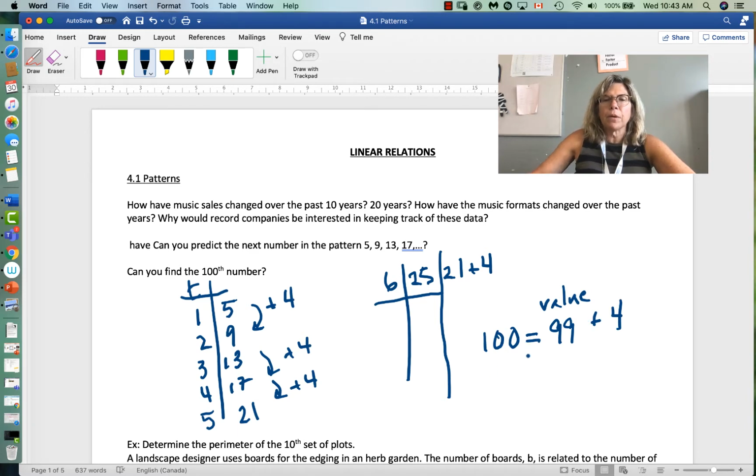Okay, so if we wanted to put it into sort of fancy lingo, you could say this is t of n minus 1 plus 4. And so then t of n equals t of n minus 1 plus 4.